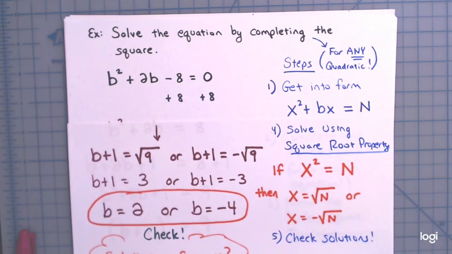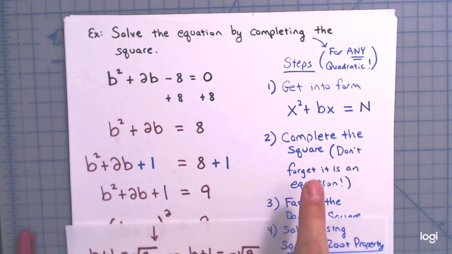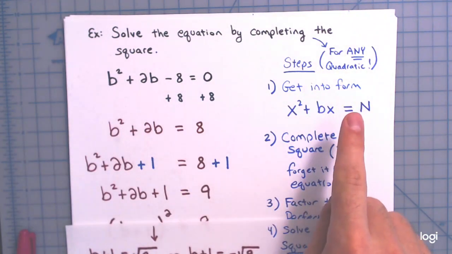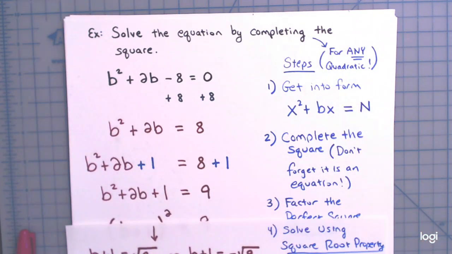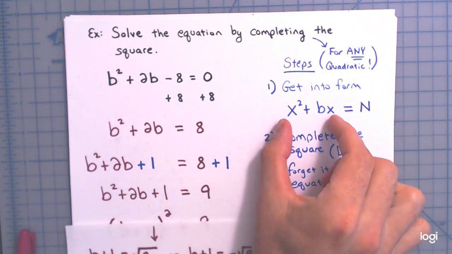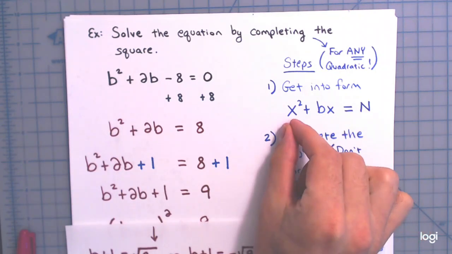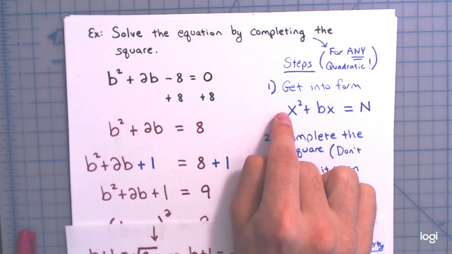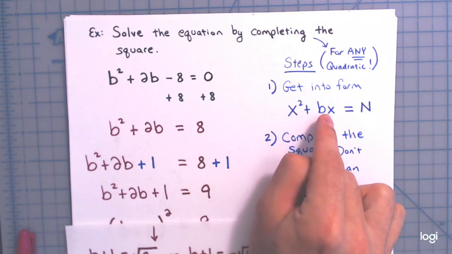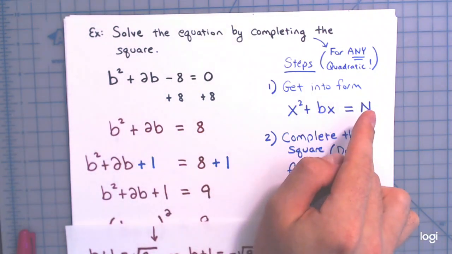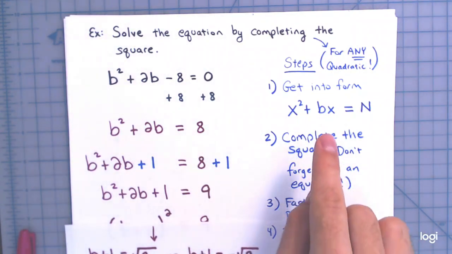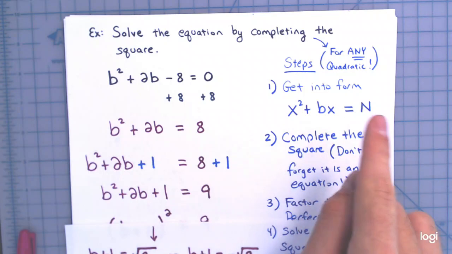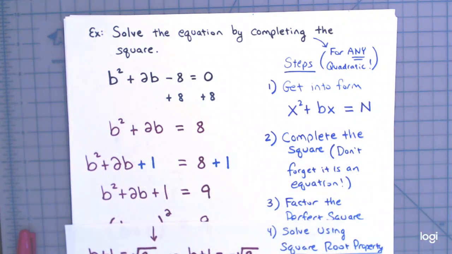But it's just those steps. I'm going to walk through them again here with you. Get it into this form. This is for any quadratic equation at all: the squared term with a coefficient of 1, plus your first-powered term, and then everything else on the other side. Then you complete the square, and don't forget, what you add to this left side you must also add to the right side. Don't forget it's an equation.